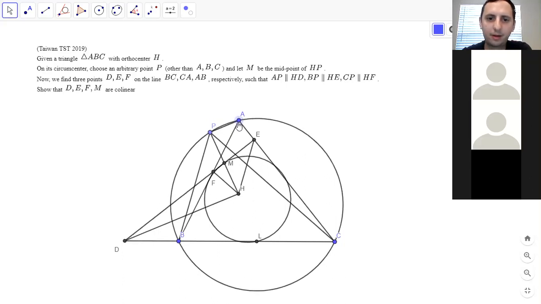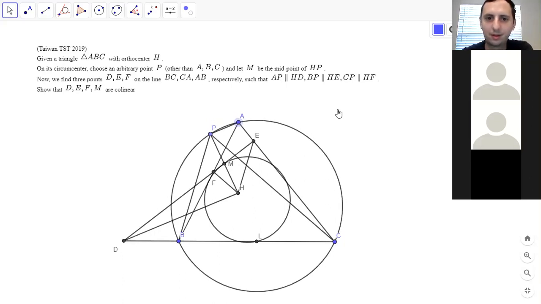It's a lemma. Interesting. LM is perpendicular to AP.